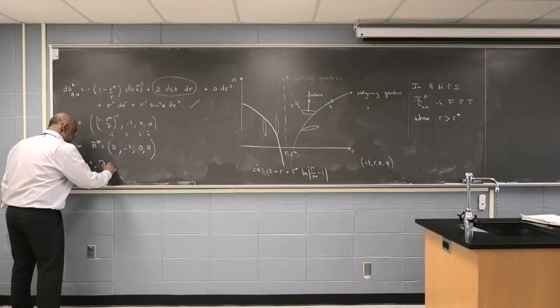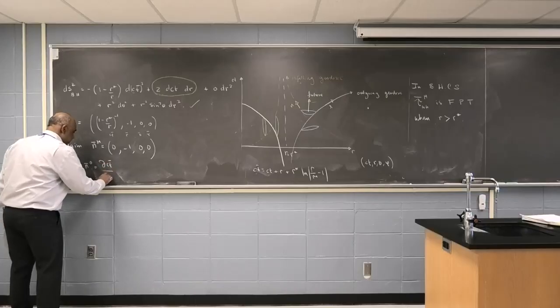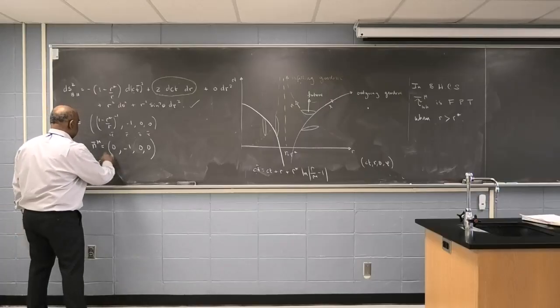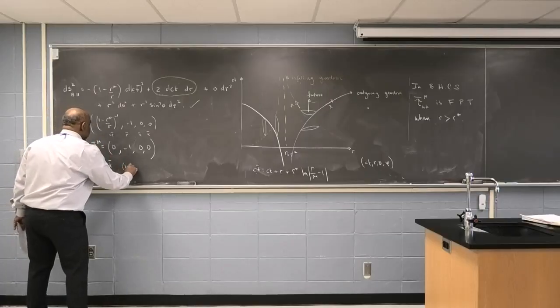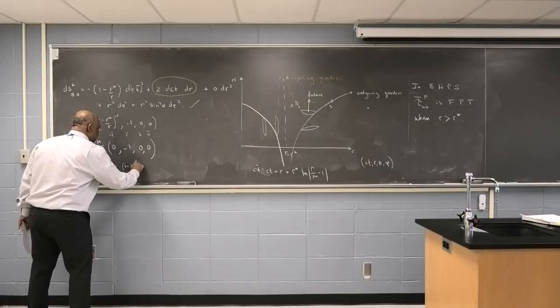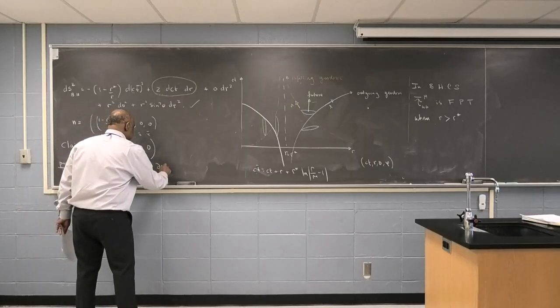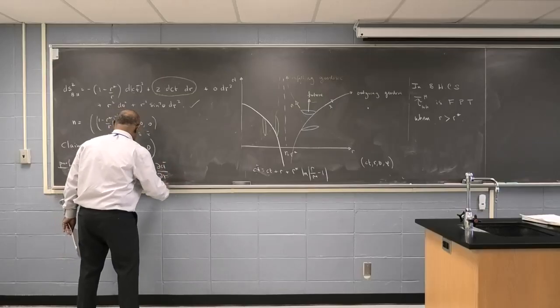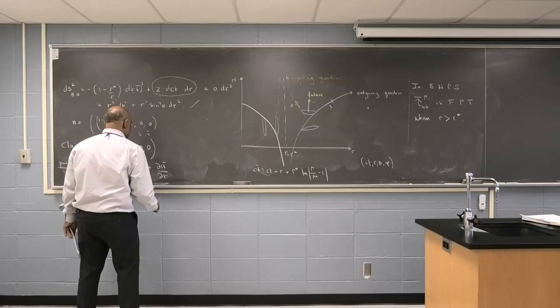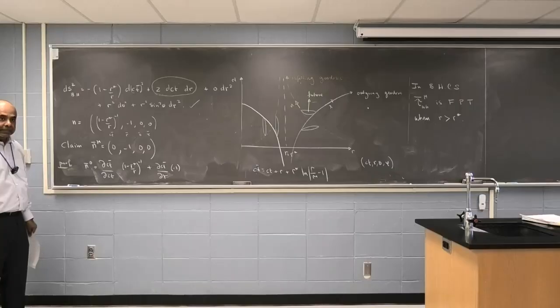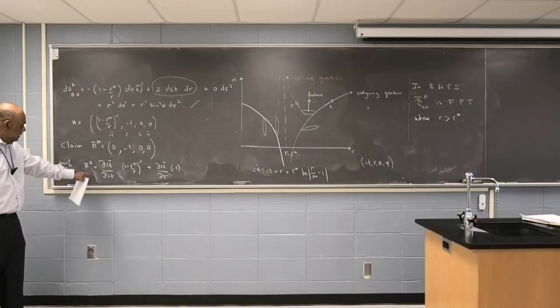This is CT bar, dCT times 1 minus r star over r inverse, plus dCT bar dr bar or dr times minus 1. Is that correct? This is 1.